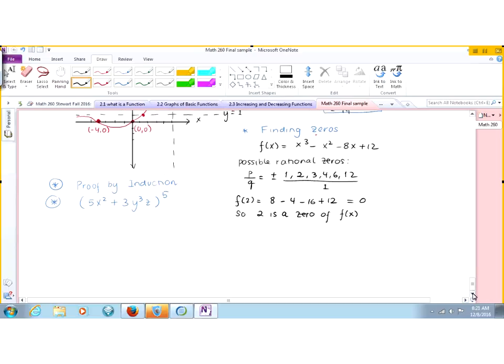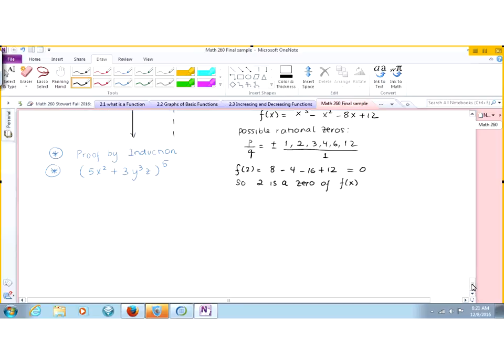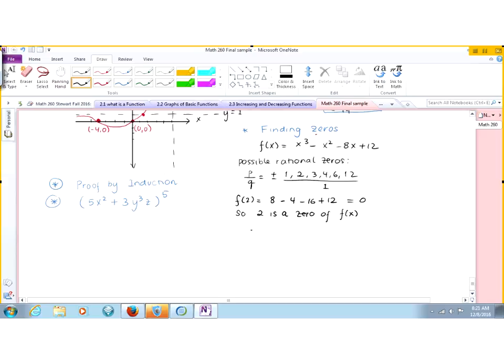Okay, good. Now, what do you do next if 2 is a zero? Synthetic division. So 1, negative 1, negative 8, 12, and then 2.